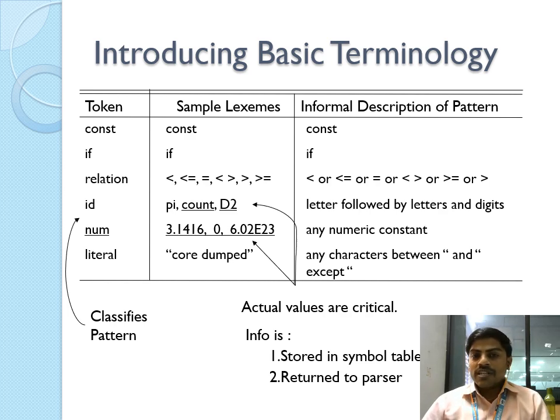So whatever appears in the program, pi, count, d2, are considered to be lexemes. Once the lexeme pi matches the pattern specified in the third column, it can be converted into a token called identifier. This is how the pattern, lexemes and tokens are related to each other.